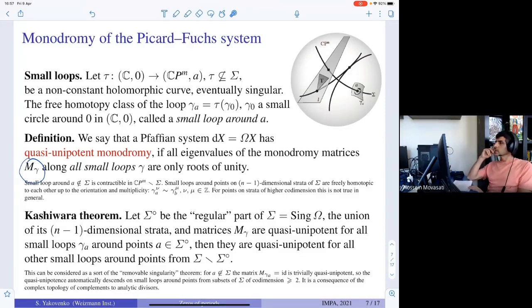And now I just have to recall what a small loop around the principal components means. The principal strata, as I said, correspond to a least degenerate affine curve, which has only one normal crossing. If you perturb such a curve, and that's the meaning of a small loop around it, you will get a situation in which a singularity of the form x squared plus y squared is perturbed by a small term, say rho.